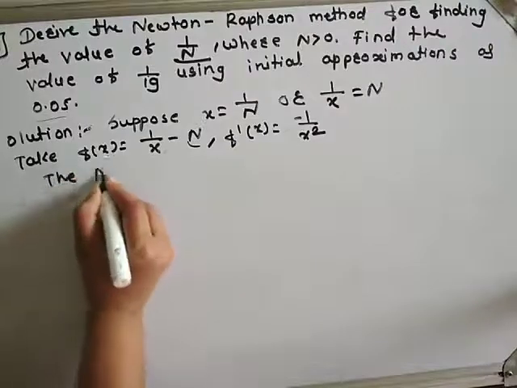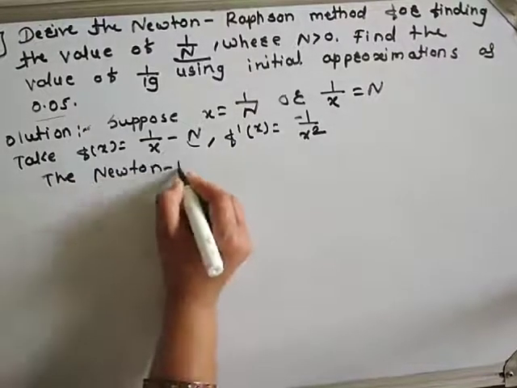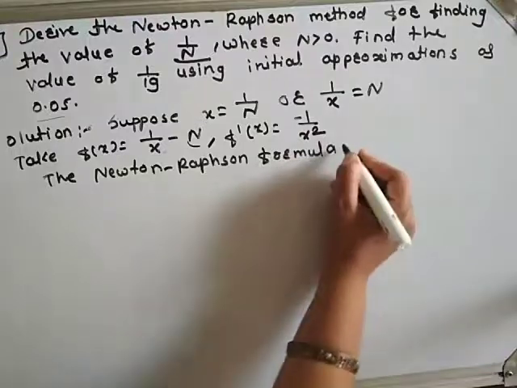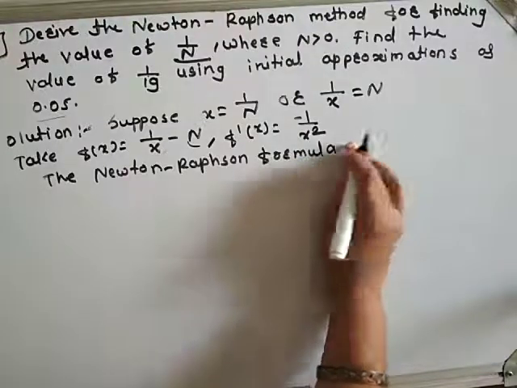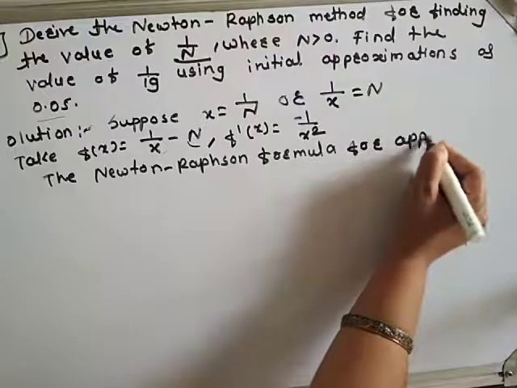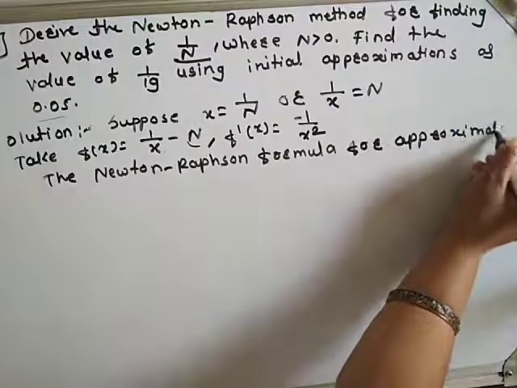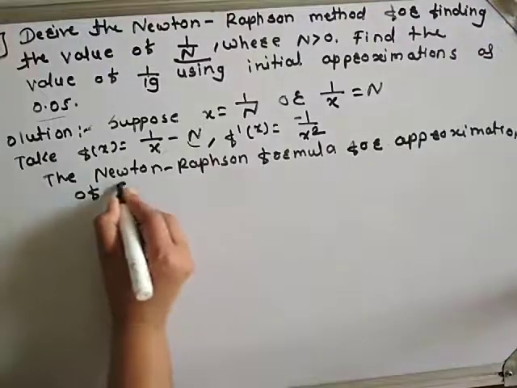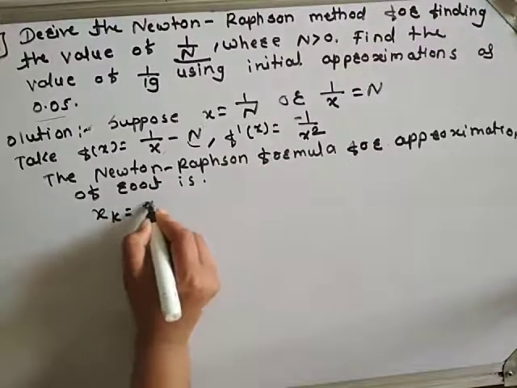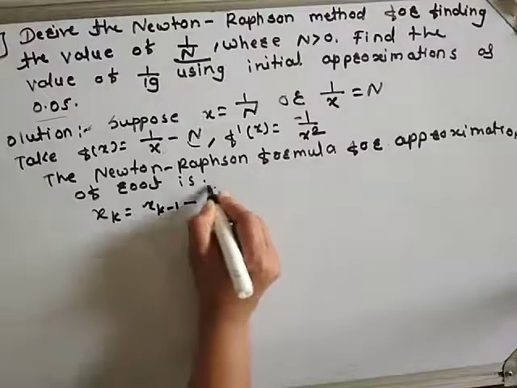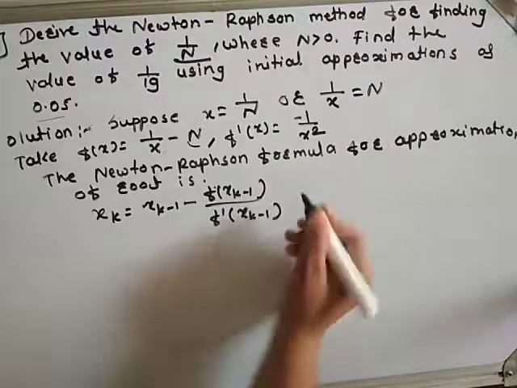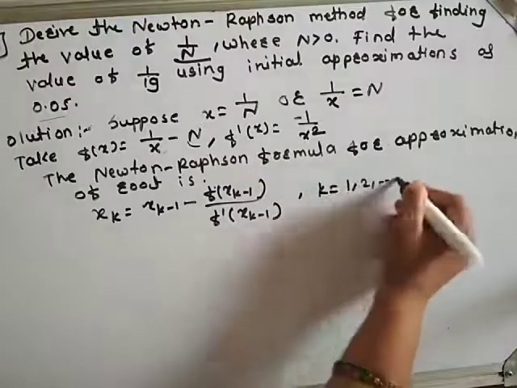The Newton-Raphson formula for approximation of root is xk is equal to xk minus 1 minus f of xk minus 1 upon f dash of xk minus 1, where k runs from 1 up to n.